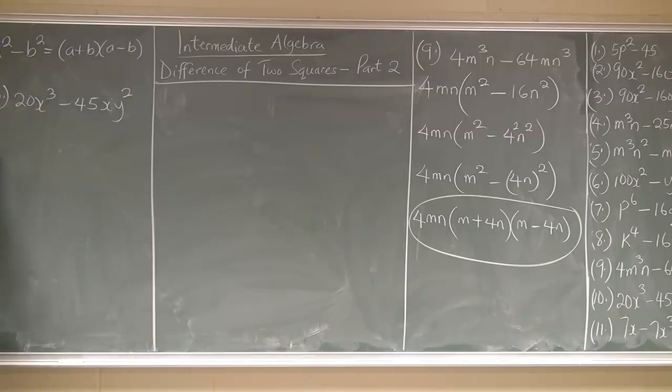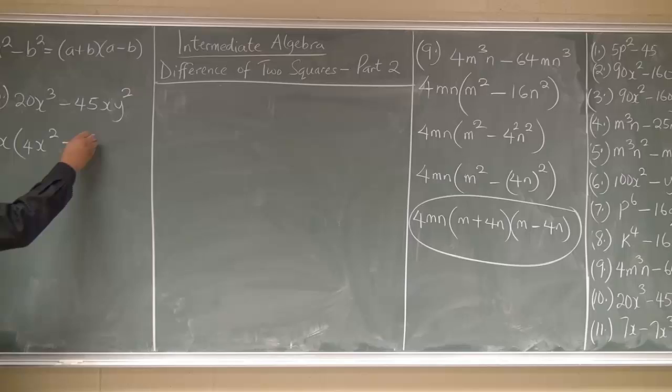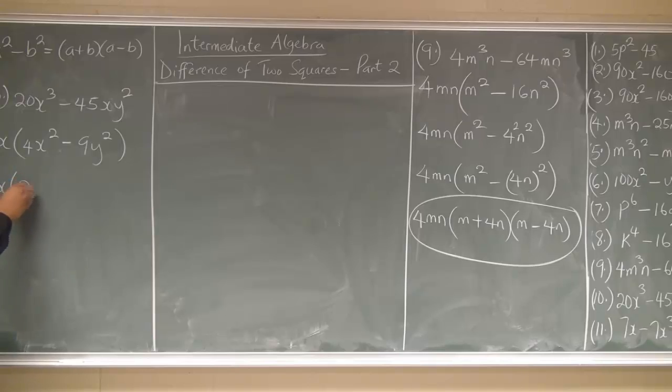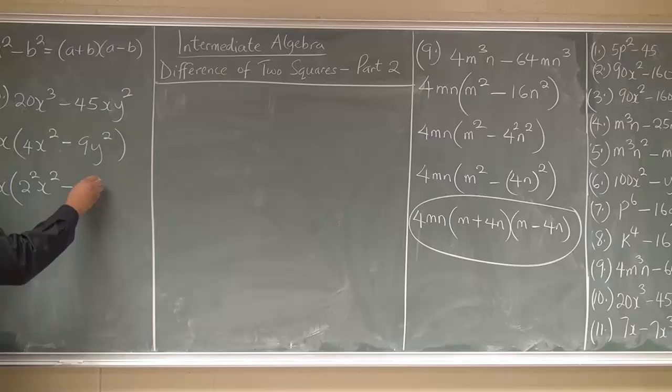So this is 5x. 20x cubed divided by 5x is 4x squared, minus 45xy squared divided by 5x will give us 9y squared. So this will now give us 5x times 2 squared x squared minus 3 squared y squared.